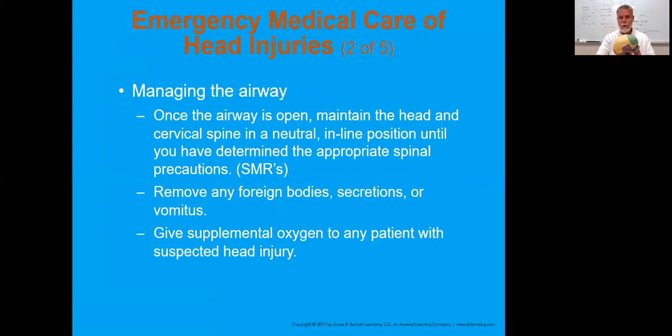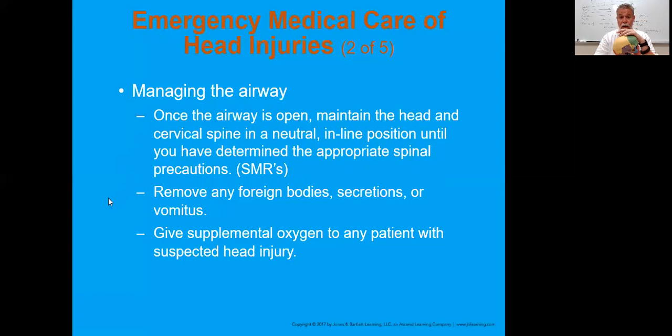Once the airway's open, how would we open the airway of this suspected spinal victim? They're unconscious and unresponsive. That's where the jaw thrust comes in. The neutral inline position until you have determined the appropriate spinal precautions, right? That's SMR, spinal motion restriction.